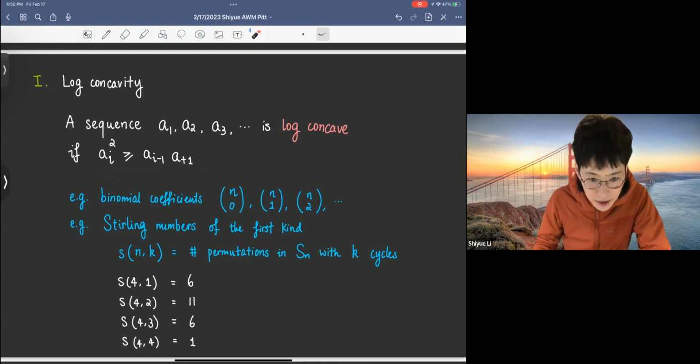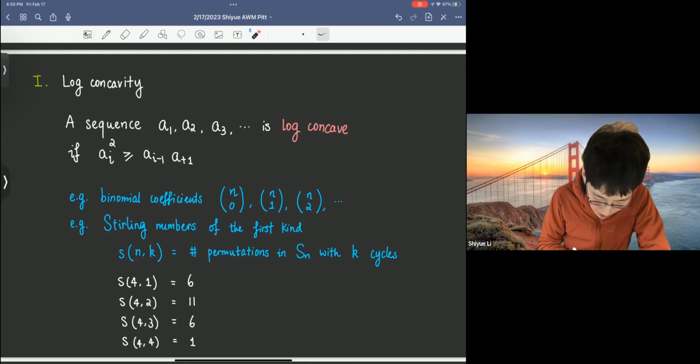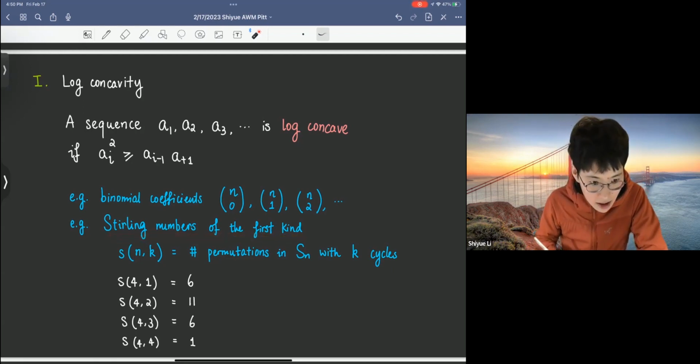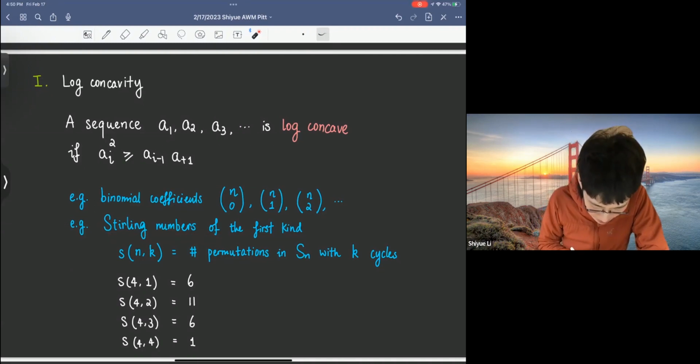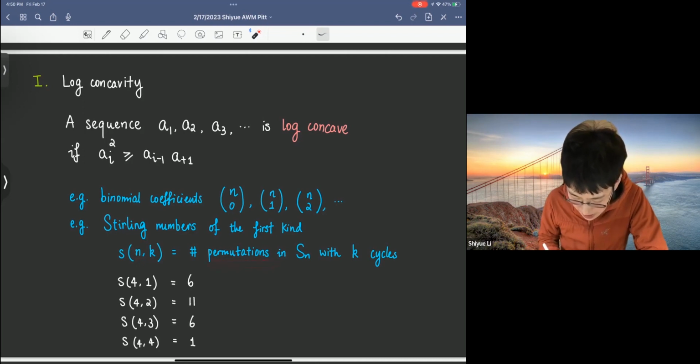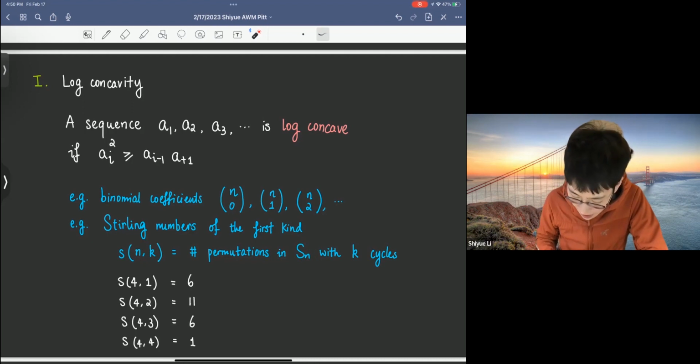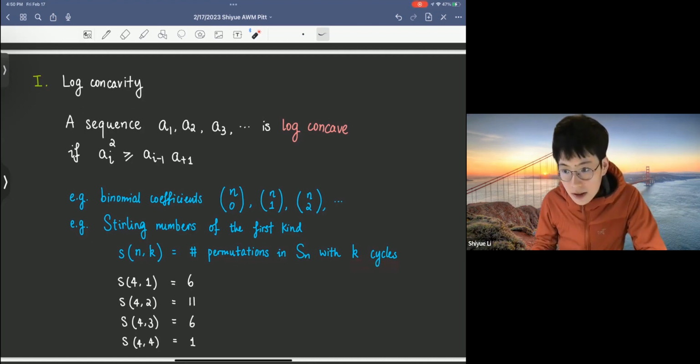The second example also arises from combinatorics. It's called the Stirling numbers of the first kind. I denote it as little s(n,k). For each n, it counts the number of permutations inside the symmetric group S_n that has k cycles.